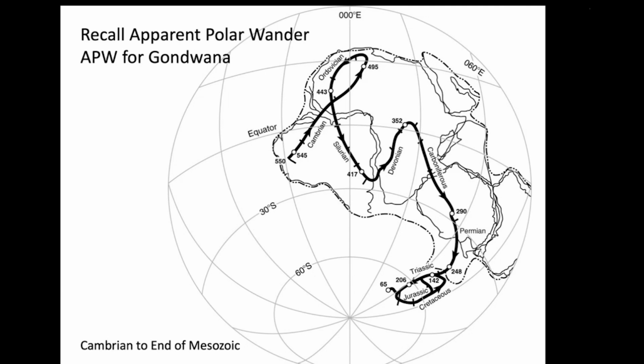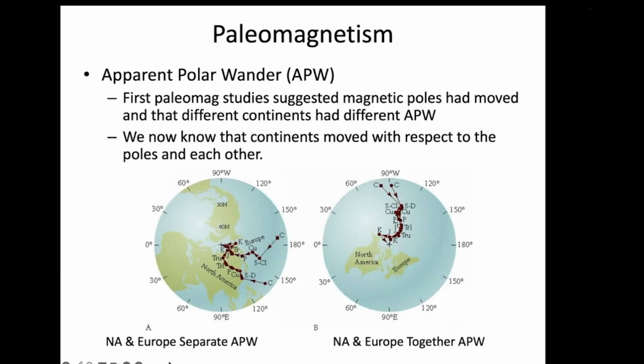And we've already said this is not the magnetic pole moving that much. This is the continents moving. So we can put the continents together again to get a single path, right? South America next to Africa, next to Antarctica, next to India, next to Australia. And we've shown this over and over again.